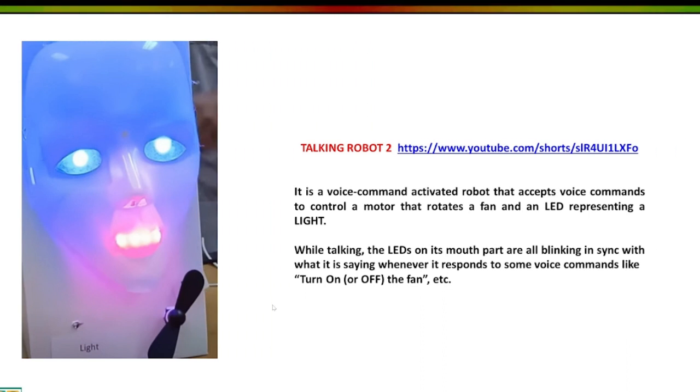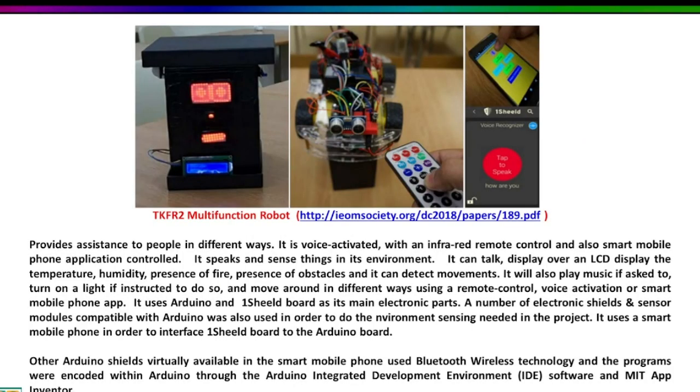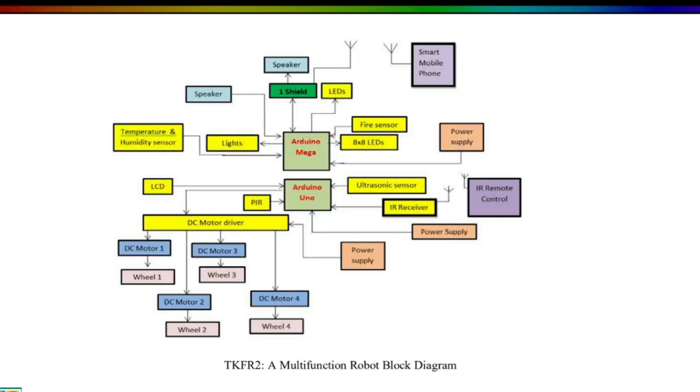It also talks. It can answer your words, or the things that you are saying. So it's voice activated. This is another example. It has a car. You can control the car by remote control, by mobile application, or by voice. And these are the parts of that project.